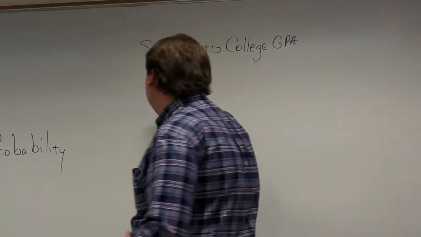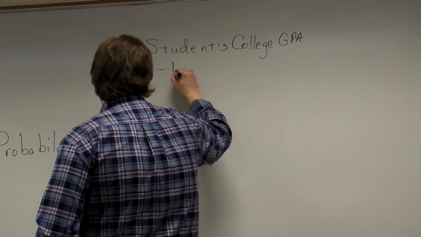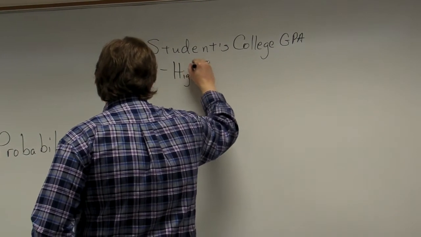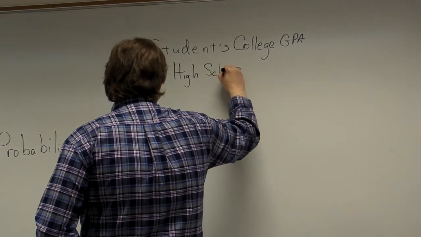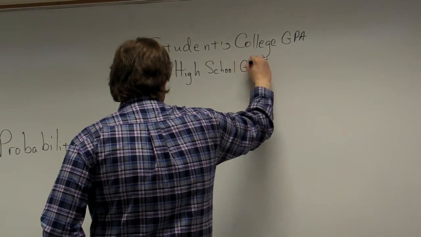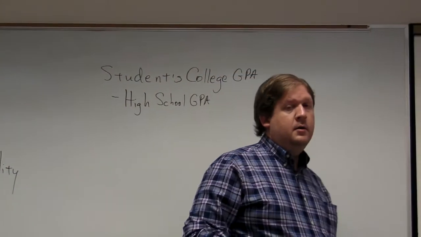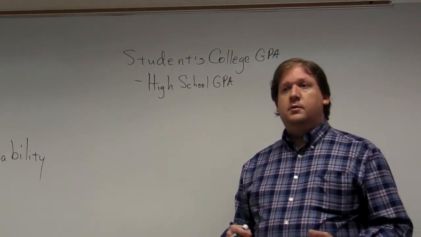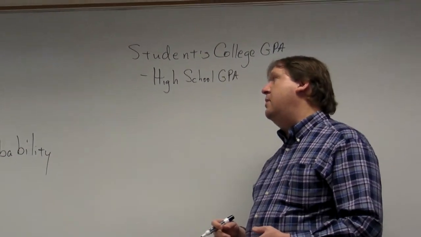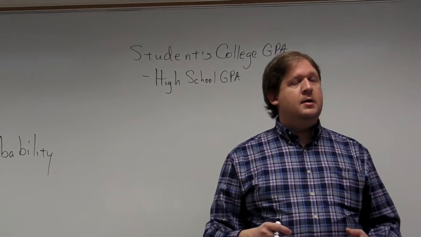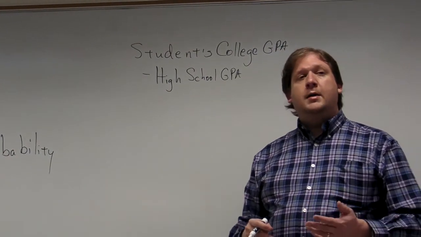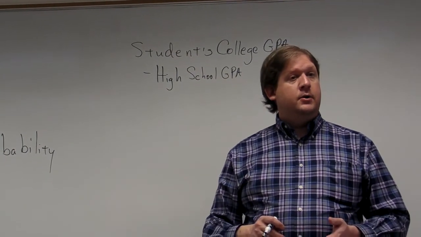Well, one thing may be their high school GPA. It's not universal, but a student who had a very high GPA in high school is more likely to have a high GPA in college.